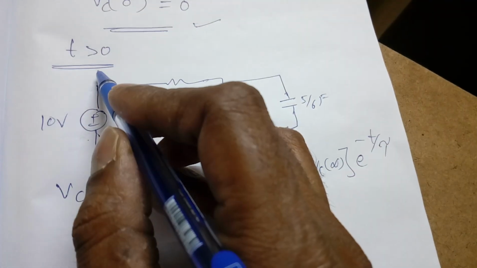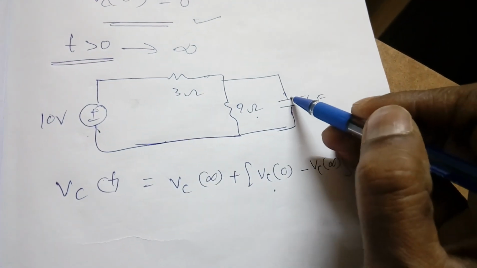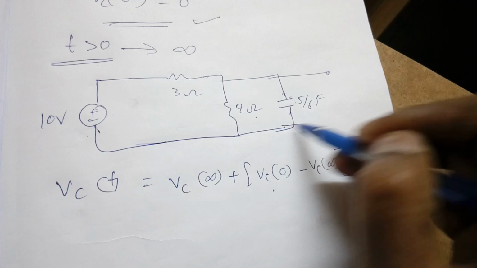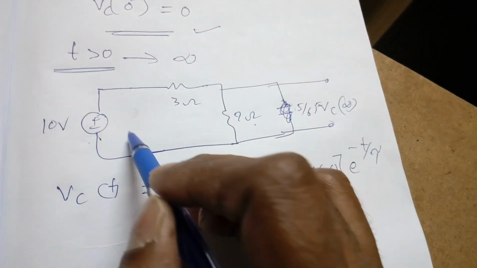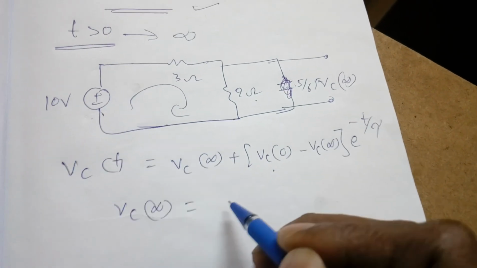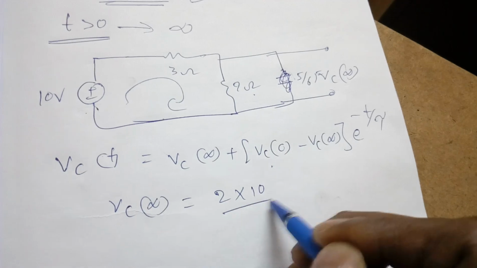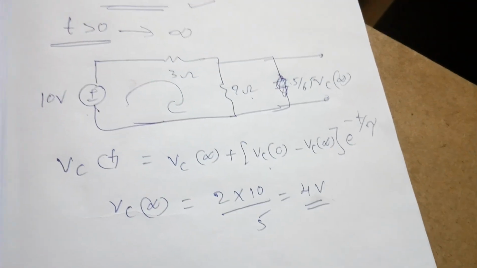For t greater than 0, that means up to infinity, what happens to the capacitor? It's simply an open circuit. So what is Vc of infinity? If this is open circuit, simply apply the voltage division rule. So Vc of infinity is 2 into 10 by 3 plus 2, 5. So it is 4 volts.